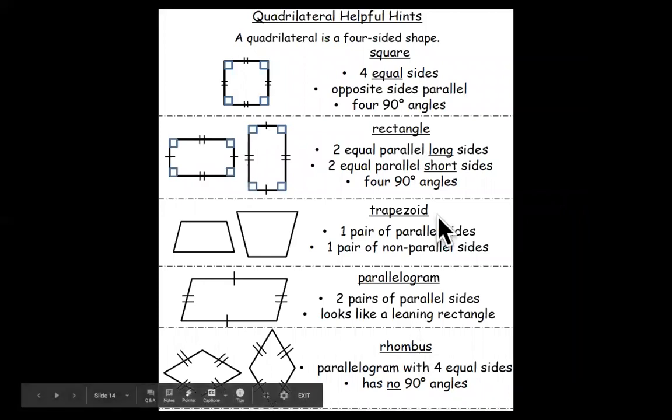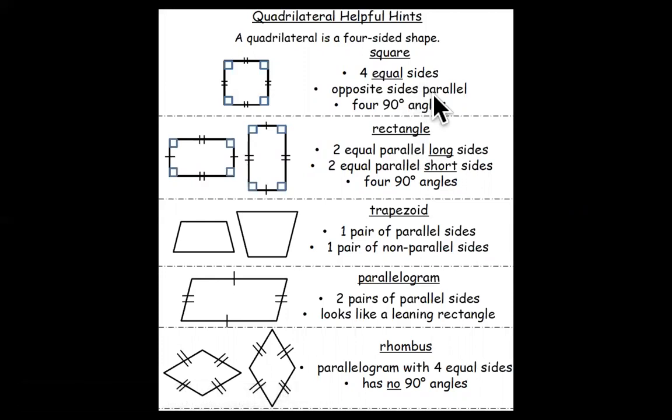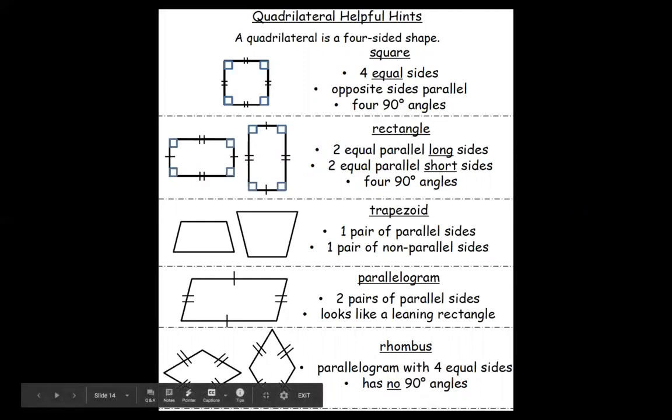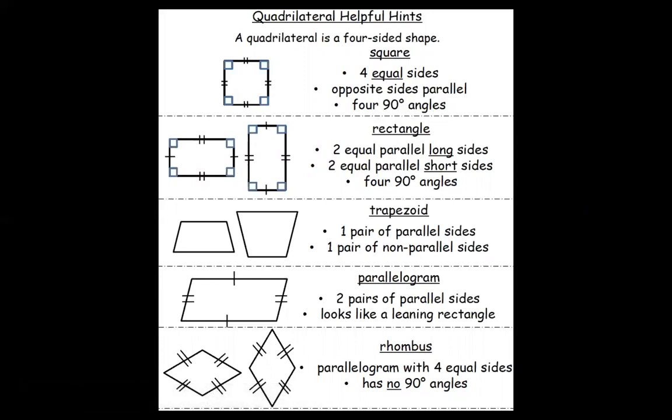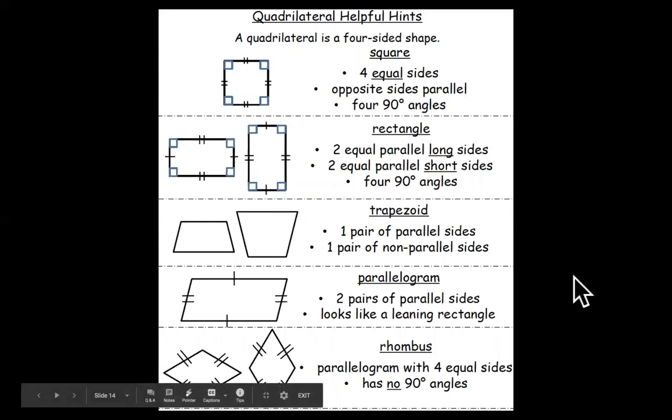And we also have the characteristics, the equal sides, what sides are parallel, the angles. Now, I see that in the square, in the rectangle, and the rhombus, it says something about 90-degree angles. That's a fancy word to say right angles. So hopefully this sheet will help you as you do your work.